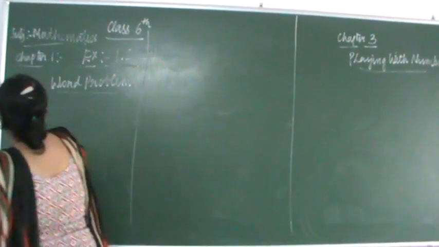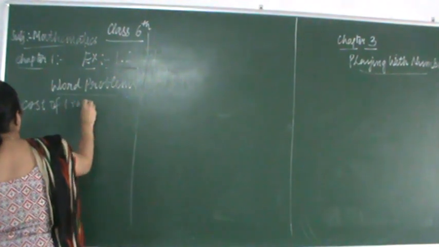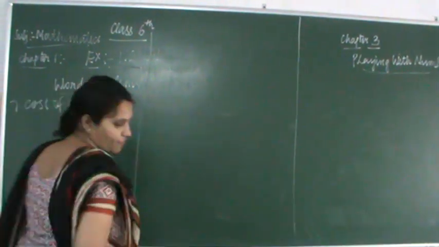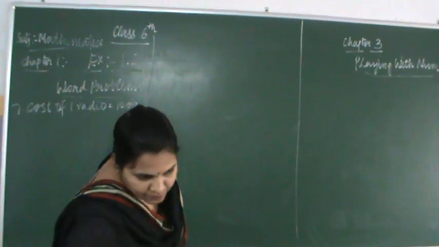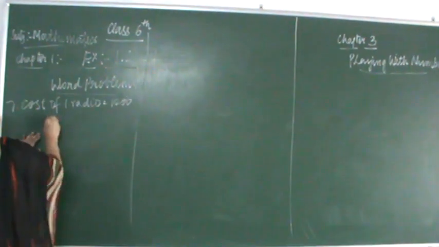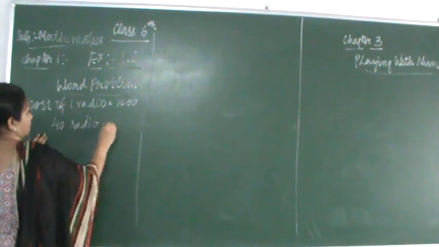So what is the cost of one radio set, children? 1200. Yes. Now how many did she order? She ordered 40 radio sets.